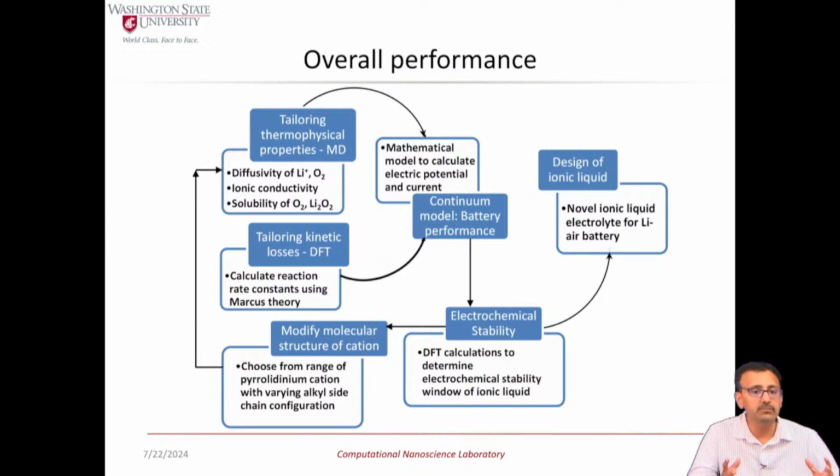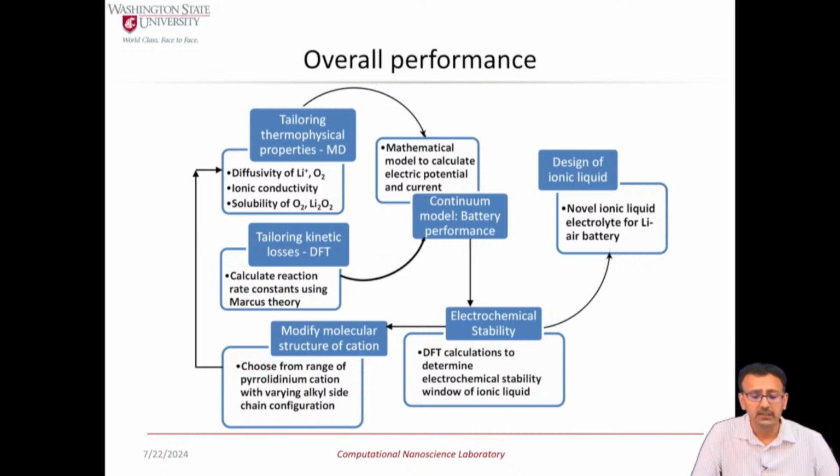Three, a continuum based theory, which is then able to scale that up and fit those calculated properties and coefficients to a continuum length scale model, solving basically Poisson's equation to get the voltage, basically the electrical potential across the cell, and also look at the transport across the battery length scale, from which you can then predict things like the current voltage characteristics of the battery that can directly be compared and validated against experiments.